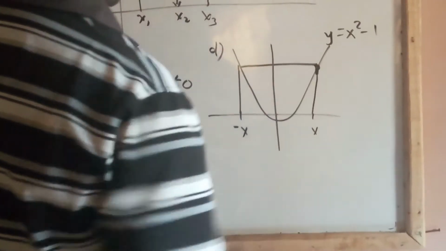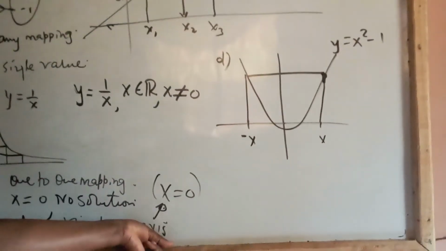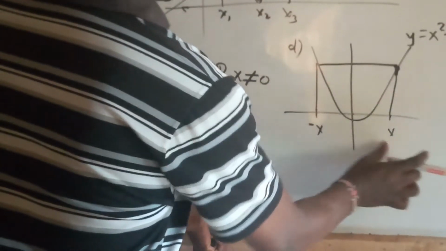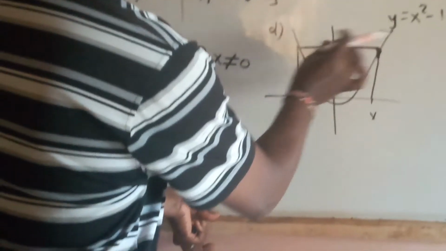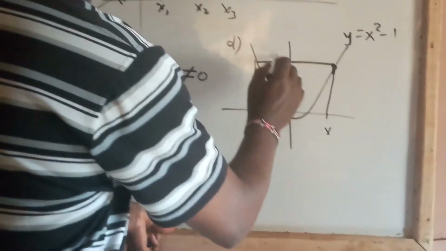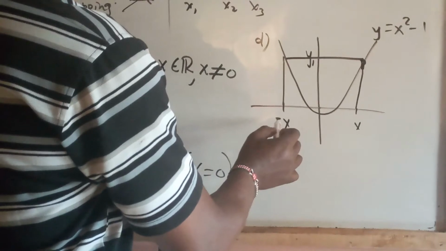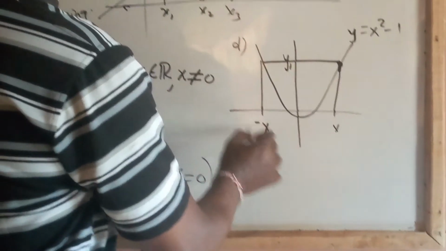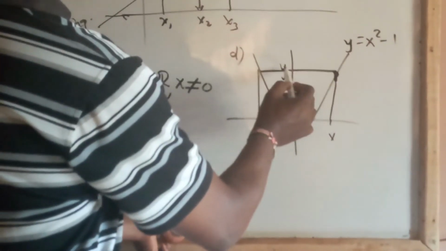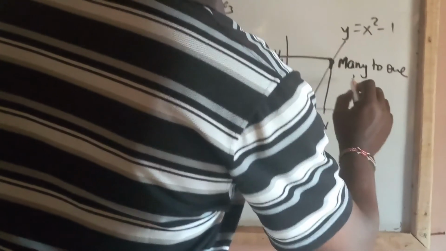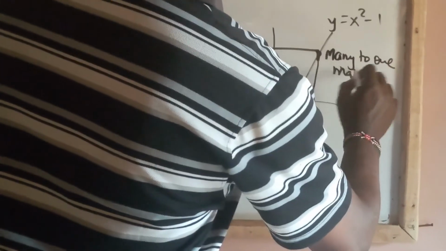Before we answer whether it's a function, it is many to one, because several values of x give us one value of y. It is the range when x is negative, and it is still the same range value when x is positive. So this is many to one mapping.